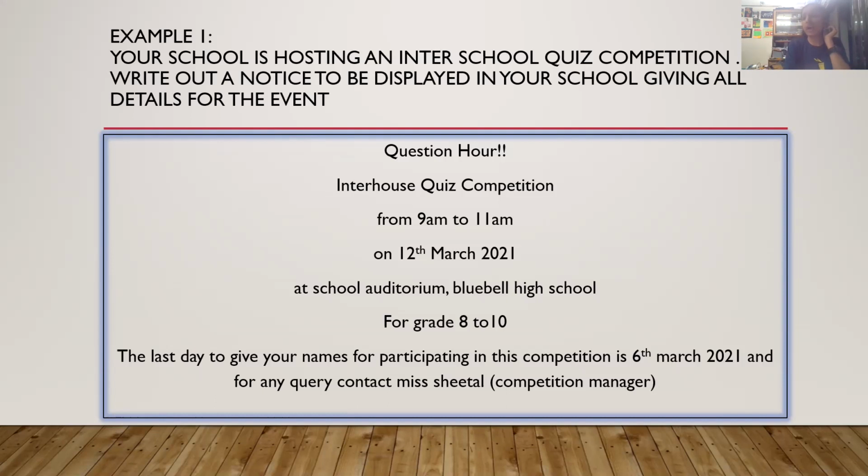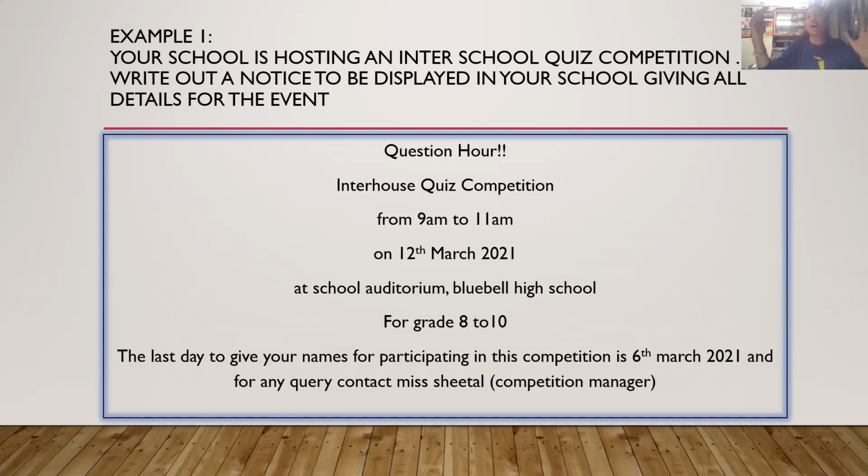If anyone has understood why we write from, on, and at in small letters, it is because it is a continuous sentence. The only difference is that we have just pressed enter, but the sentence is not complete.